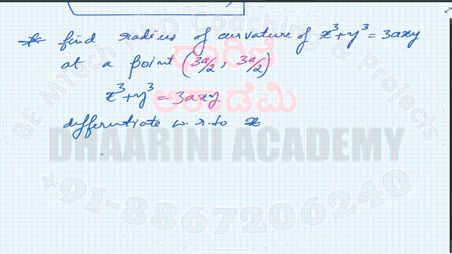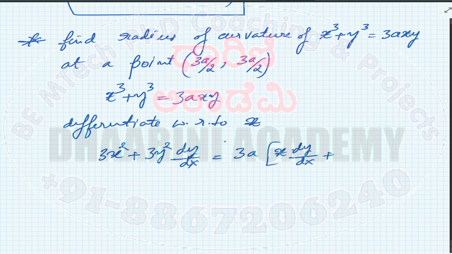That is, x cube becomes 3x square plus y cube becomes 3y square into dy by dx. Okay, this is equal to, see, the 3a is common. When you take it out, what you have? This is a product. So x, the first term, into differentiation of the second term dy by dx, plus the second term, that is y, into differentiation of x, that is 1.